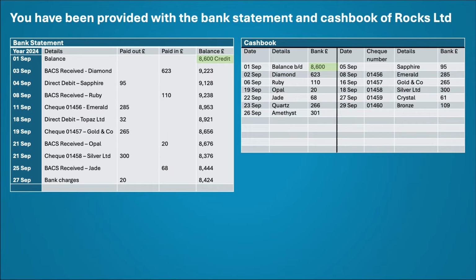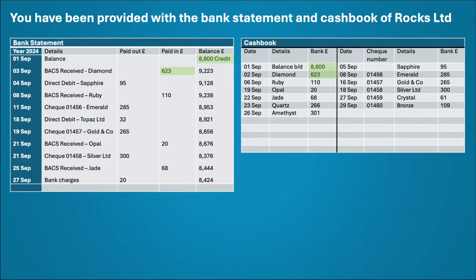Now, if they do match like we have here, what we can do is start matching off our transactions to make sure that they're in both the bank statement and in the cash book. So we'll start from the first transaction, which is on the 3rd of September, which is the BACS received from Diamond. And we can see that we've got that 623, and we've also got the 623 for Diamond within our cash book. So whenever we've matched these off, we're just going to highlight them to show that they appear in both.